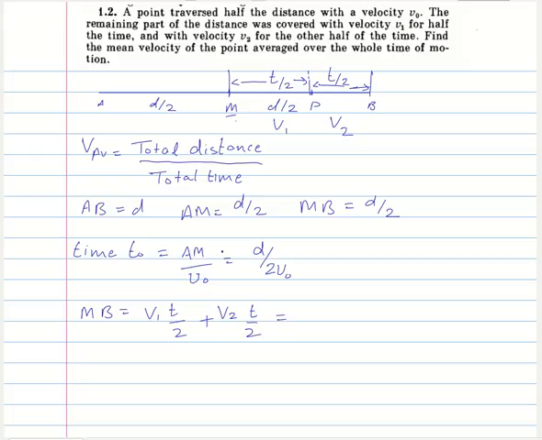Now this distance is actually equal to d by 2, because we already know MB. So what it implies is v1 plus v2 times t by 2 is equal to d by 2, or t is equal to d divided by v1 plus v2.